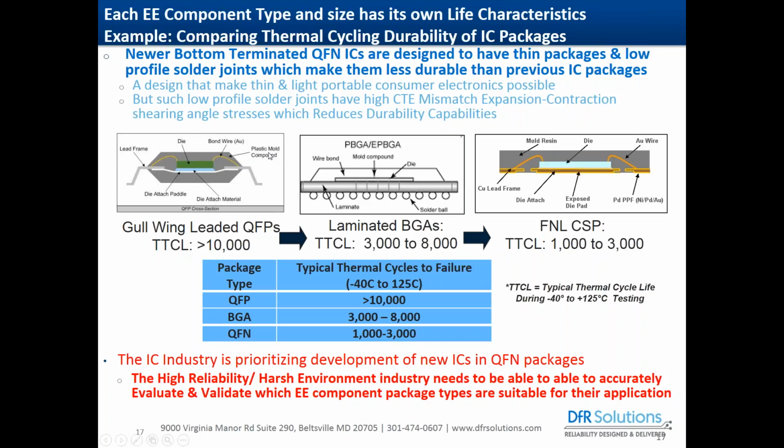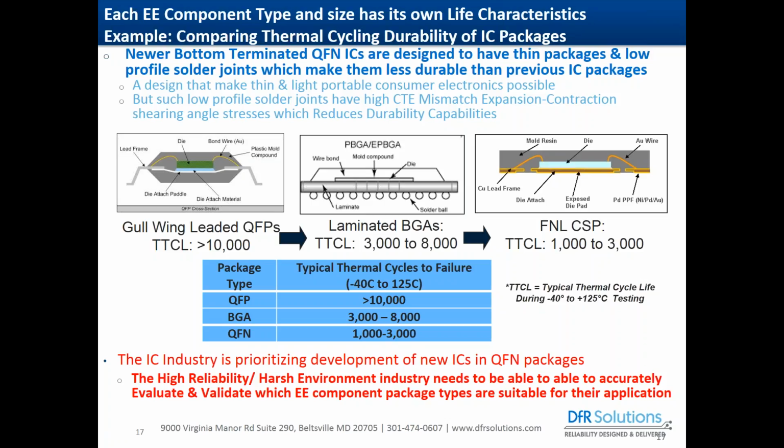With gull wing leaded components, we can typically achieve a mean life of more than 10,000 thermal cycles from -40 to 125 degrees C. But a BGA, depending on the size, will drop to 3,000 to 8,000 thermal cycles of -40 to 125 C for the mean thermal cycle life. But these QFN or chip scale packages are only good for 1,000 to 3,000 thermal cycles.